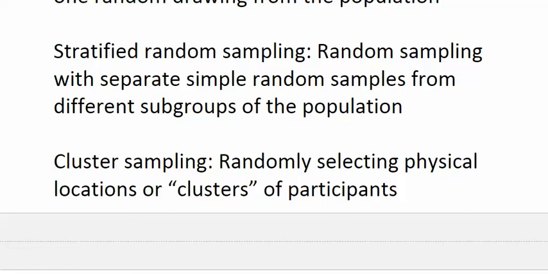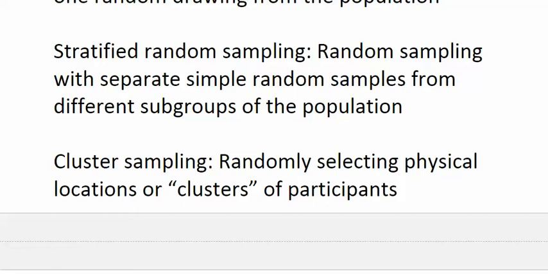So imagine that a researcher wants to interview people across the Bay Area, and the researcher randomly selects Alameda County, Contra Costa County, and Santa Clara County as the 3 selected clusters. Well, the researcher obviously isn't going to interview everyone in all 3 counties because it's too many people. So what the researcher would do is take a simple random sample of each of the 3 selected clusters.